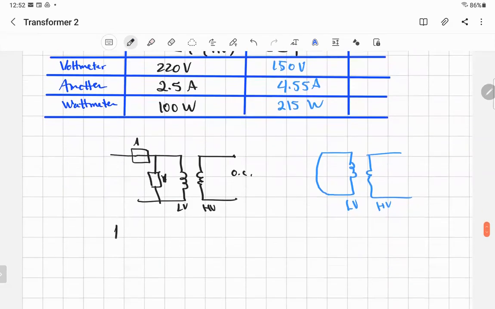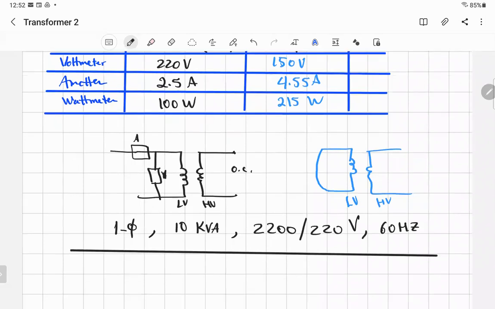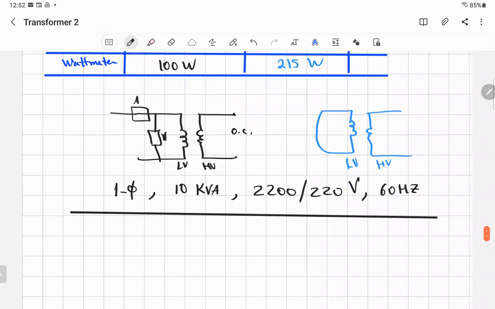It says single phase, 10 kilovolt-amp, 220 volt, 60 hertz. There is of course more, but that's the electrical information you'll find on the nameplate of the transformer.